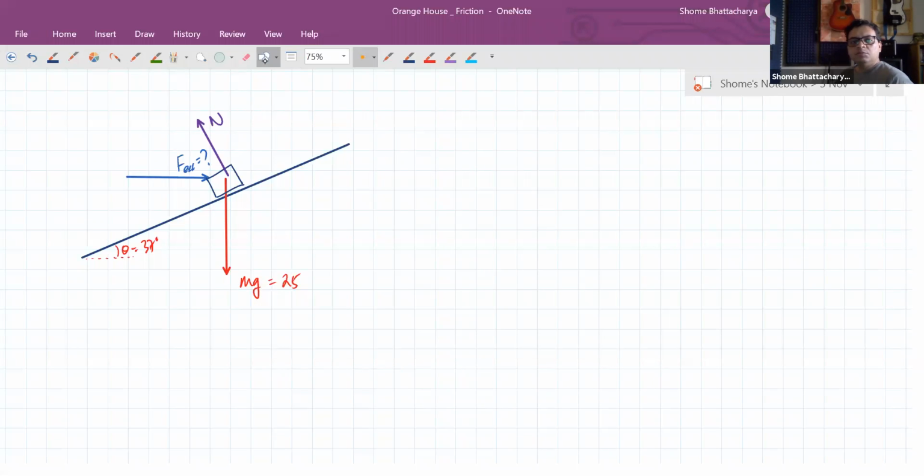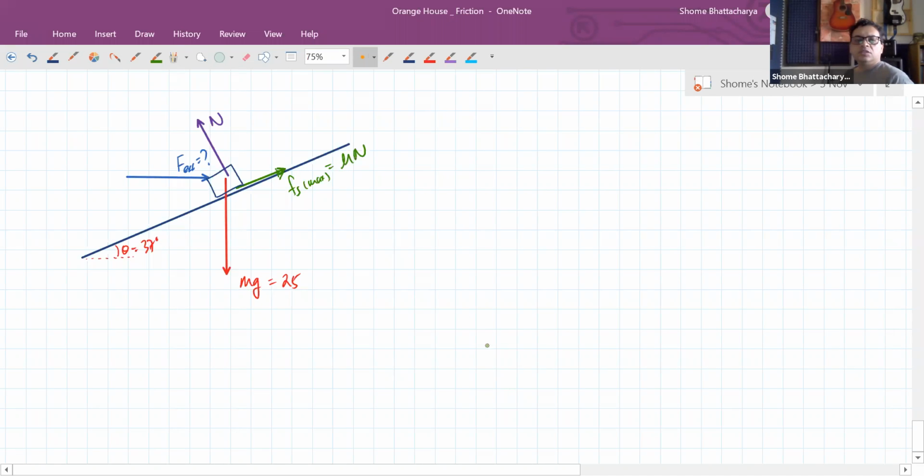Since we are applying the minimum amount of force, the friction acting will be limiting friction. So this will be static friction of its maximum possible value, that is coefficient of friction into normal reaction. These are all the forces acting, and cumulatively they are keeping the acceleration down to 0.